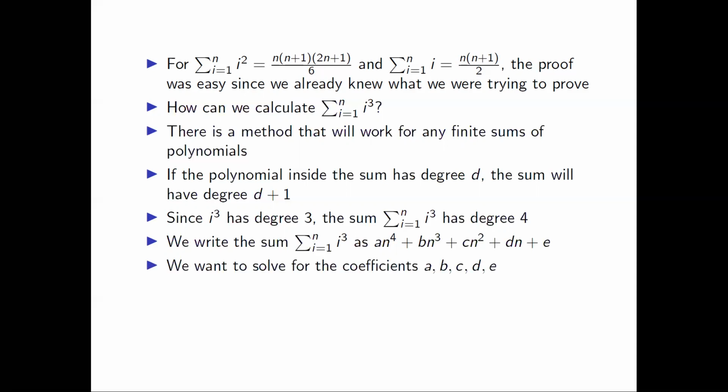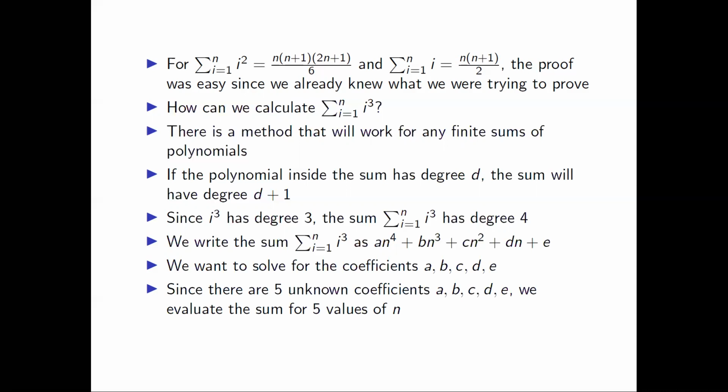So like I said, we're going to solve for a, b, c, d, and e. We have 5 unknown variables. That means we want to come up with a system of 5 equations. And we're going to have linear equations.